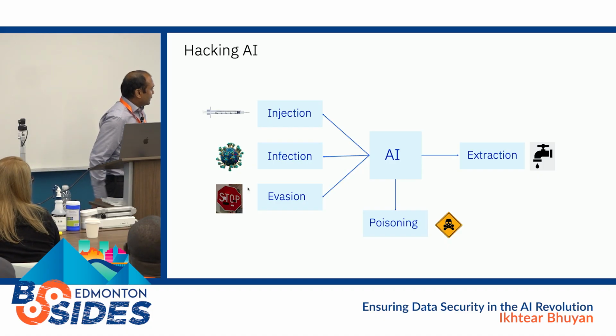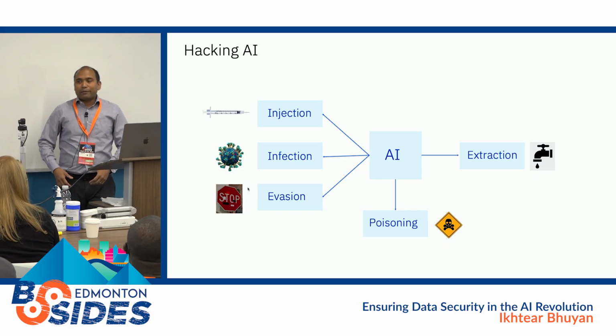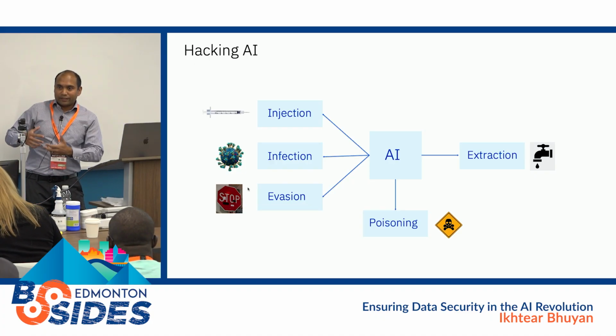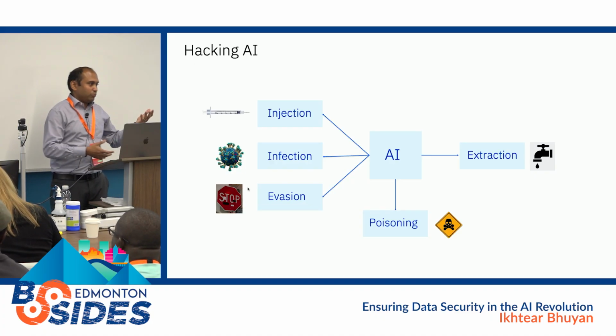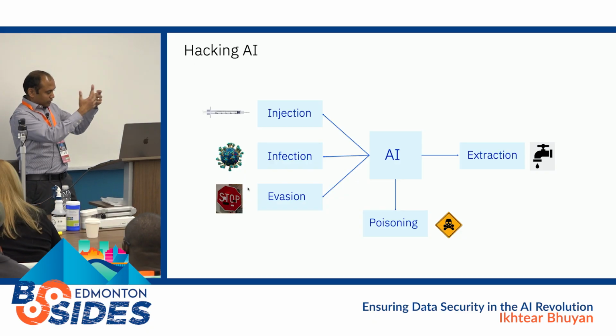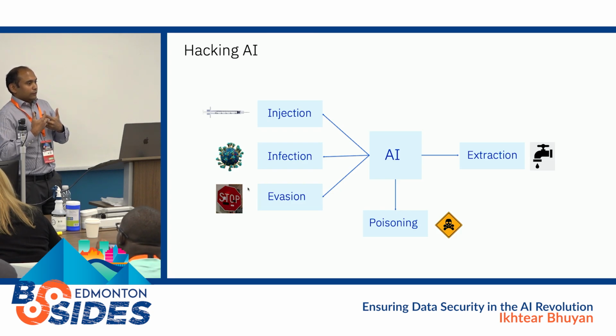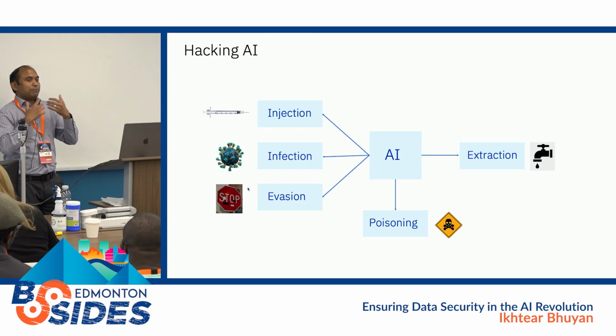The other hacking is a different form, extraction. Think of it like, I'm asking a question and I'm getting an answer. This is typically what we do in ChatGPT, Copilot, whatever you use. You ask a question and get some answer out of it. So if I'd like to get certain information from an organization, I will keep asking and keep asking questions.